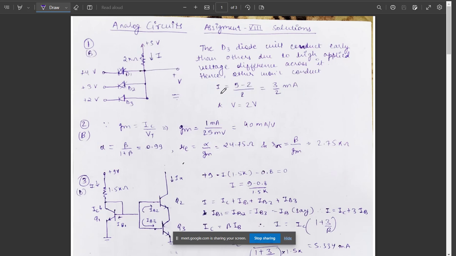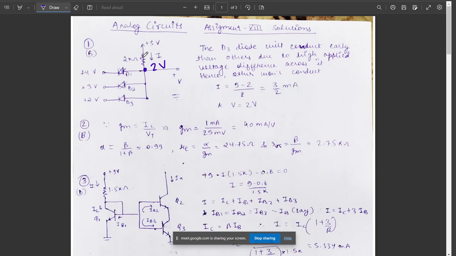The current I is equal to 5 by 2, which means the current flowing is 3 by 2. Here IR will be 3 by 2 into 2, which is 3 volts.